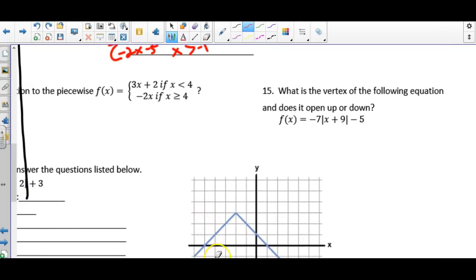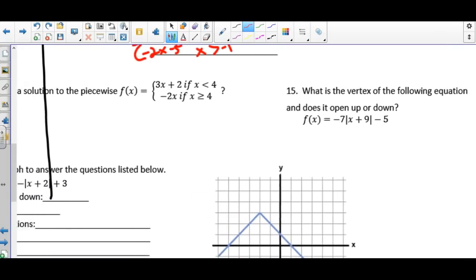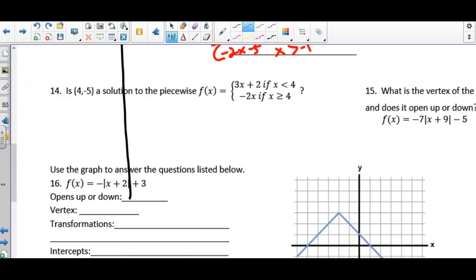All right, we're on the home stretch. Is (4, -5) a solution of this piecewise function? Well, think about it. First of all, the x value is 4. So you have to ask yourself, is 4 less than 4? No, so we don't look at this one.